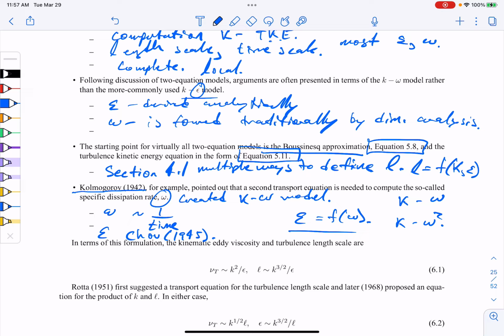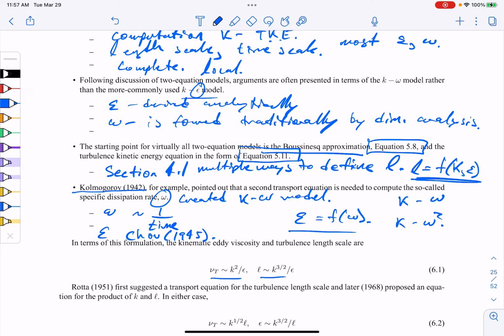Now I mentioned these might be Boussinesq models and try to implement eddy viscosities in the momentum equation. Well, probably the most common form to find a length scale and eddy viscosity, like I mentioned here, is with this equation. Eddy viscosity goes as the turbulent kinetic energy divided by the dissipation, and the length scale goes as k to 3/2 over epsilon.